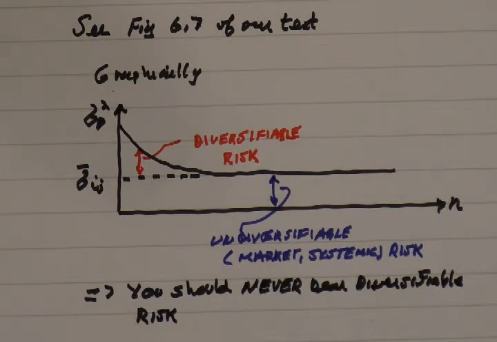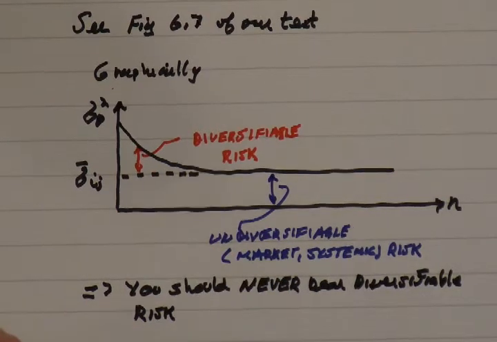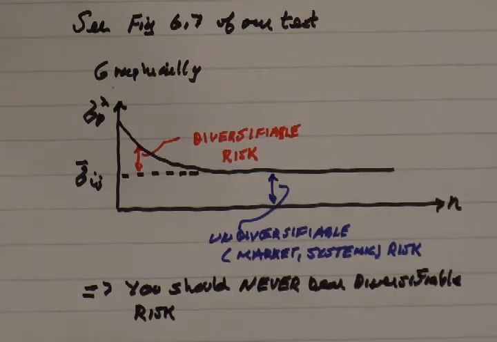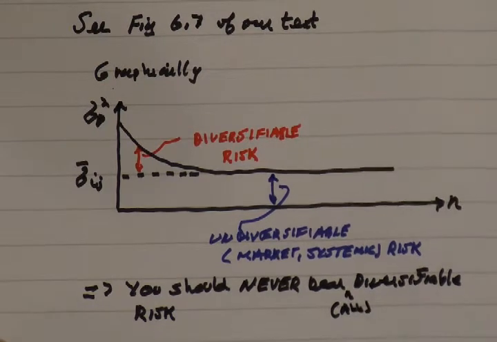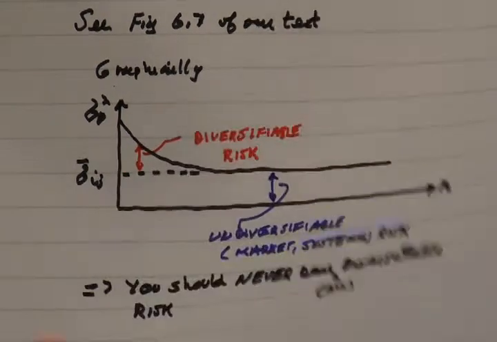Now, sometimes you may not have such a big portfolio, so you'll have to bear some diversifiable risk. Why don't I say this, all diversifiable risk? That'd be a better way to say it. And we can't reduce the risk to below the average covariance.